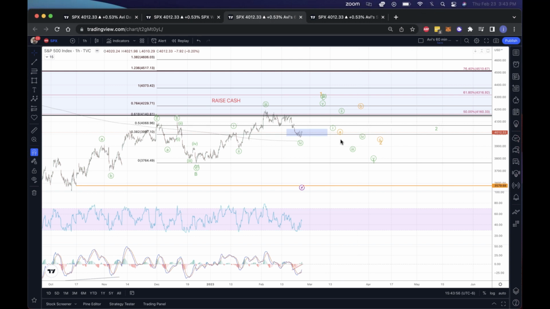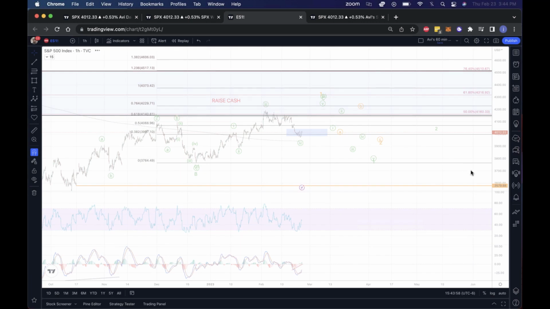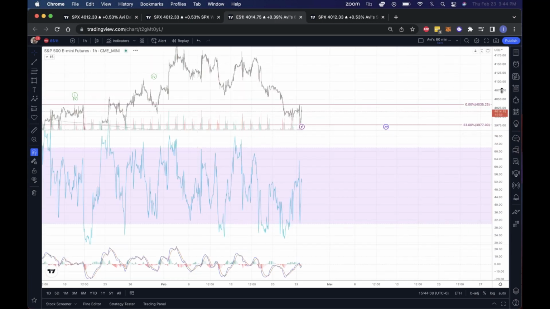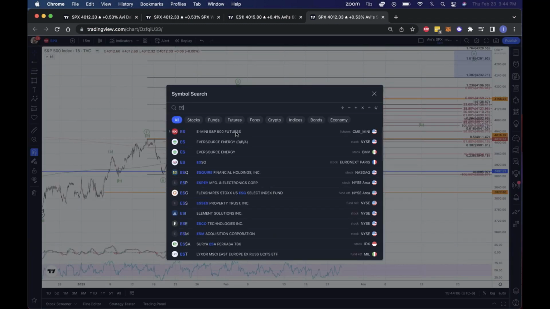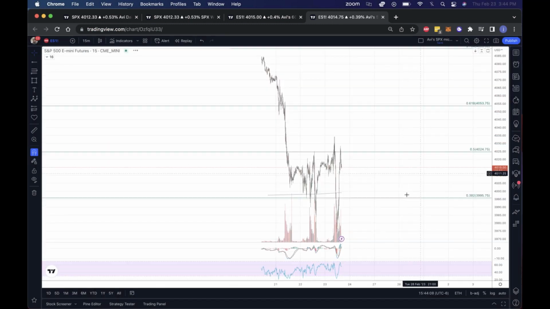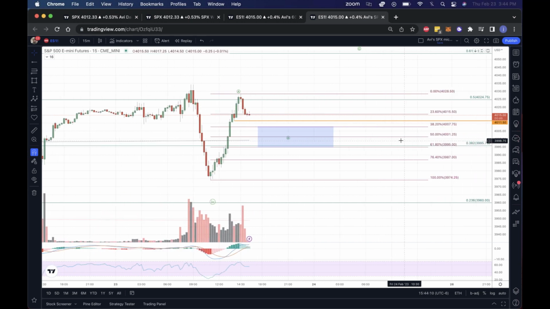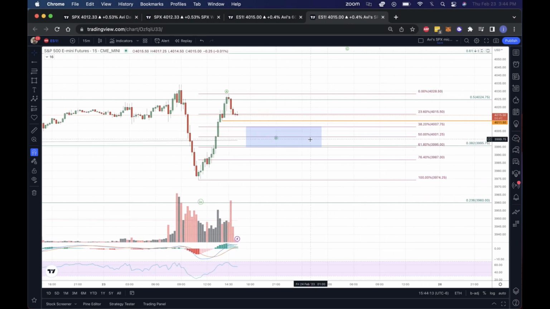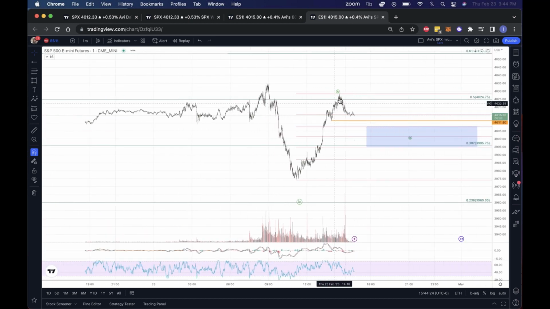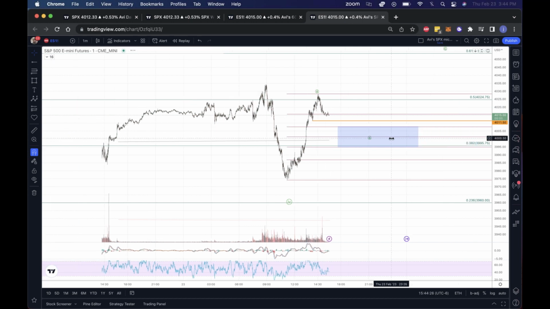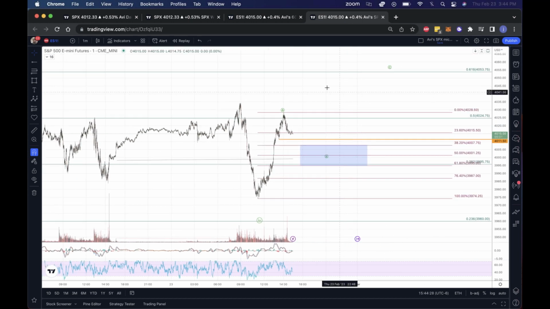Again, I'm just going to reiterate that our retrace support for overnight. Let's go back to the futures chart. Our micro support right now, based on the current high, is 39.95 to 4,008, and it's reasonably likely that we have a top in of sorts here and are pulling back.